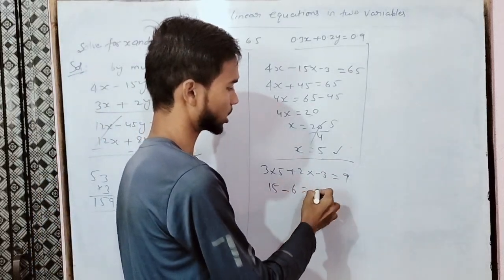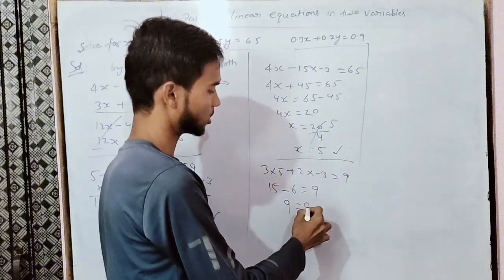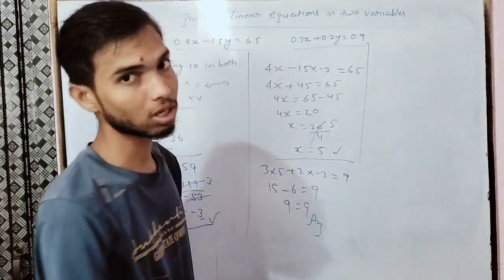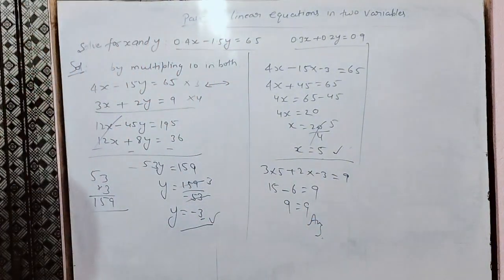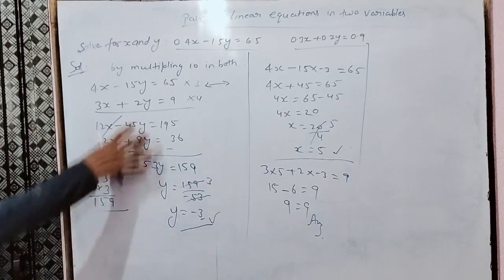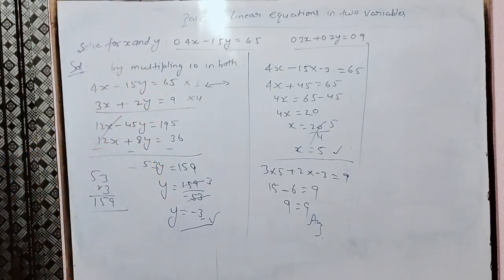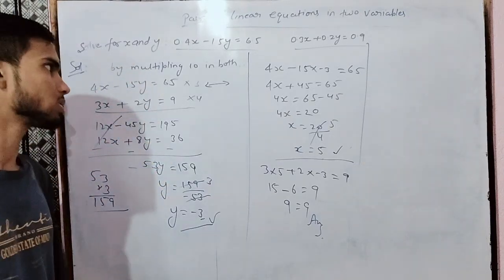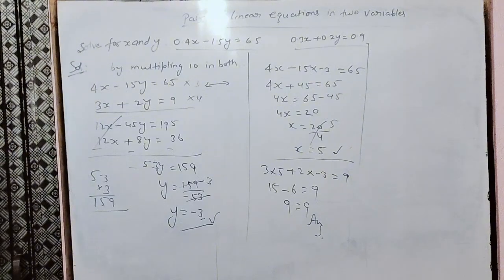So 15 minus 6 is 9. So yes, the answer is correct. So that's how you can check, and that's how you will write the process logically. So we have done one question by using the elimination method.